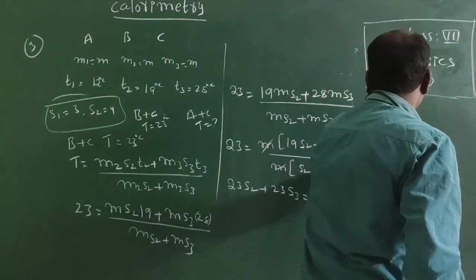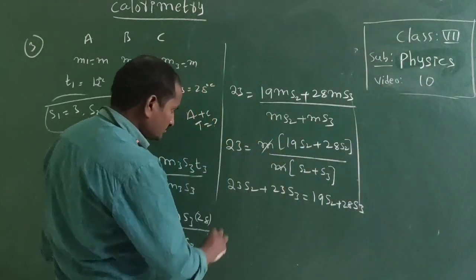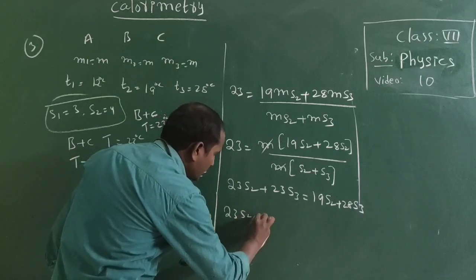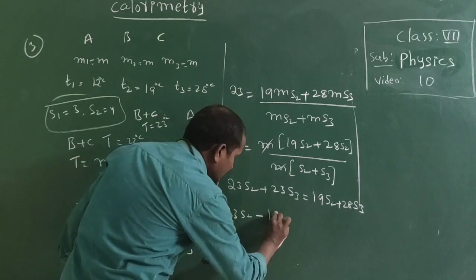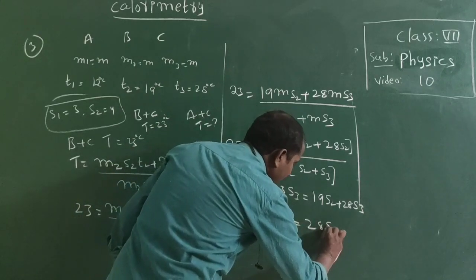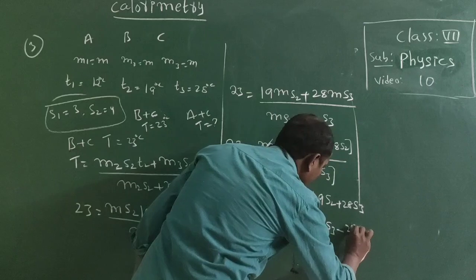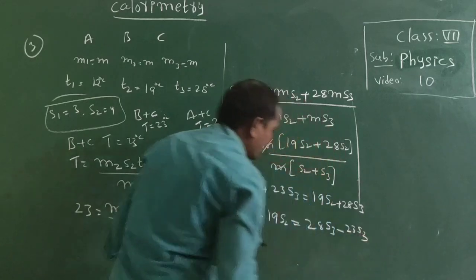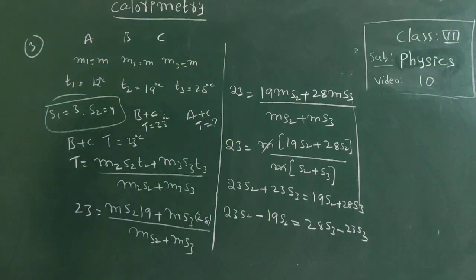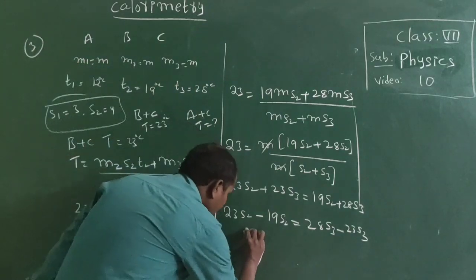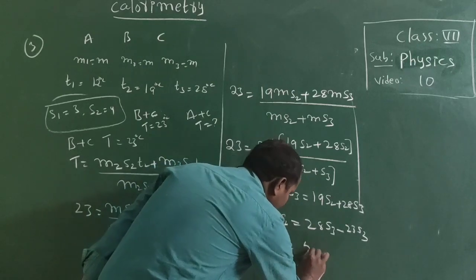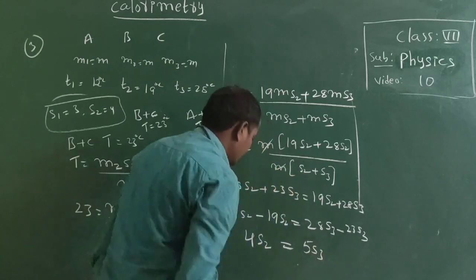Now 23 S2 minus 19 S2 equal to 28 S3 minus 23 S3. So 23 minus 19 is 4, so 4 S2 equal to 5 S3.